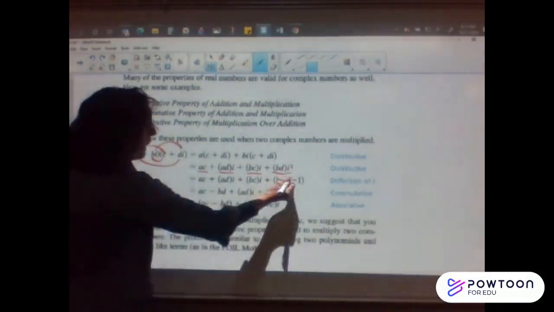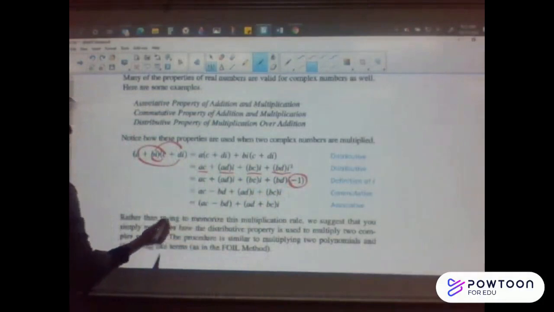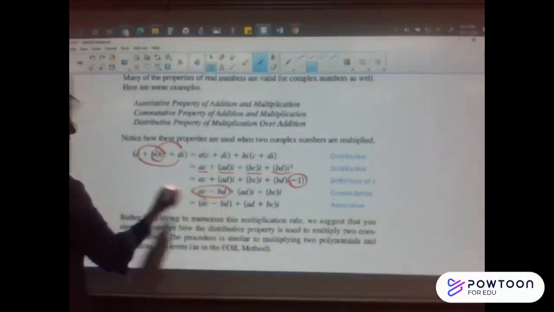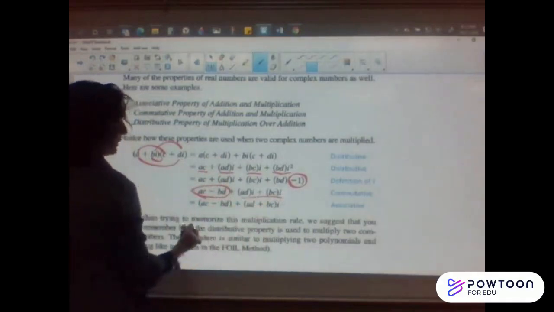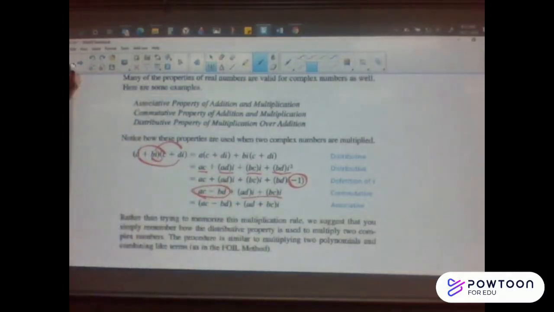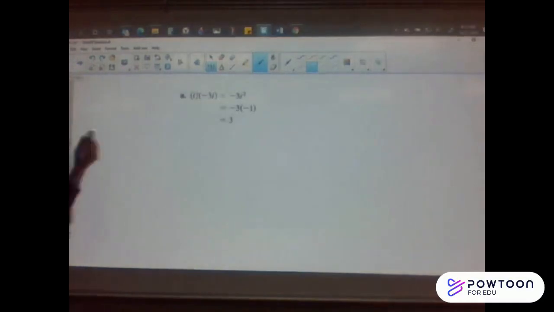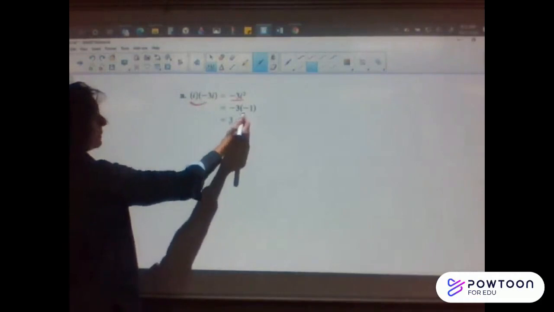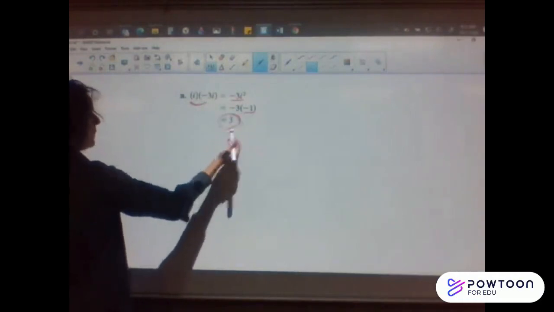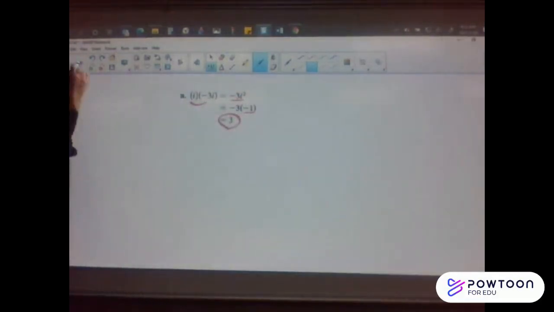Just remember then our I squared turns into -1. So that way we can take our AC and negative BD and combine those, and then we can combine our two imaginary numbers. To see some examples, if I have I times -3i, that would be -3i squared. I squared is -1, so my solution is 3.